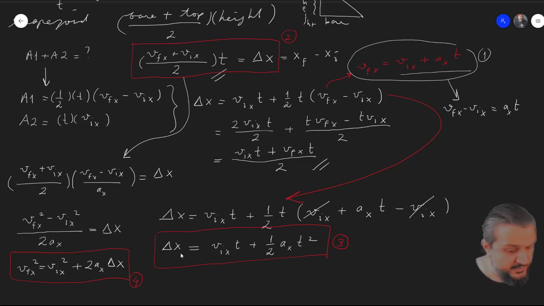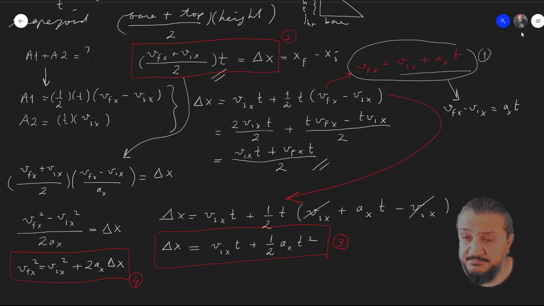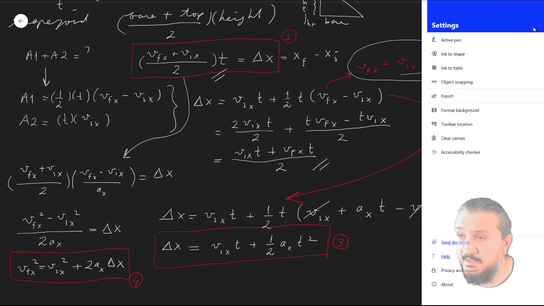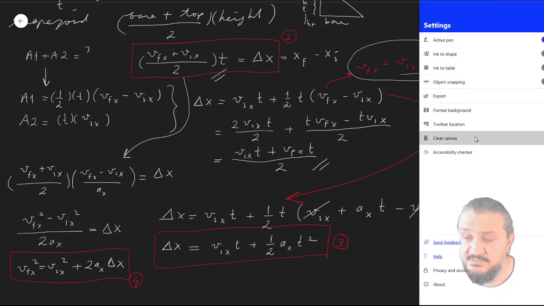Okay, so at the end of the chapter, there are some problems here. Let's do number 10 here. Okay, I'm going to clean everything here, clear canvas, and then solve this problem here.